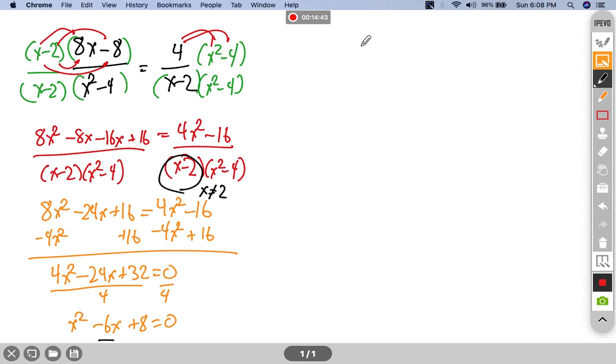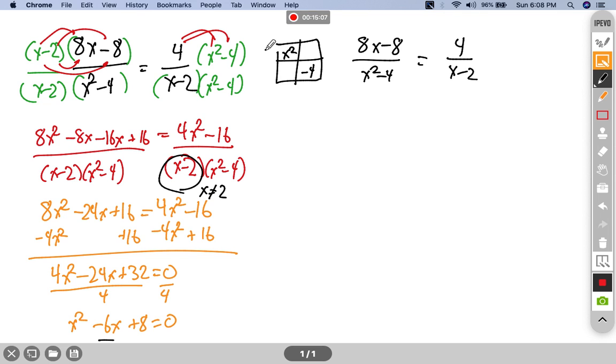Let's look at this problem in another light. 8x minus 8 over x squared minus 4 equals 4 over x minus 2. I have this quadratic here, x squared minus 4. What if I try to factor that? x and x.